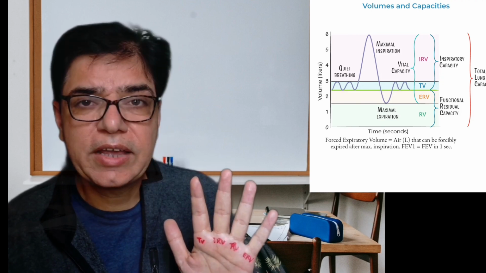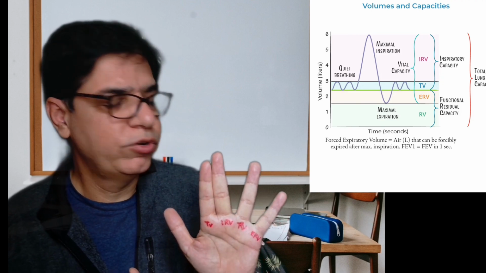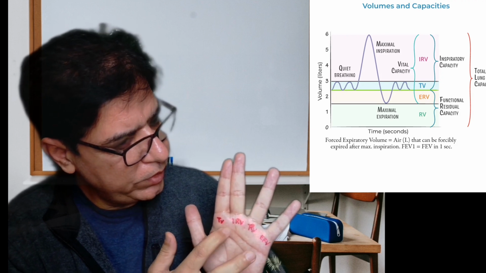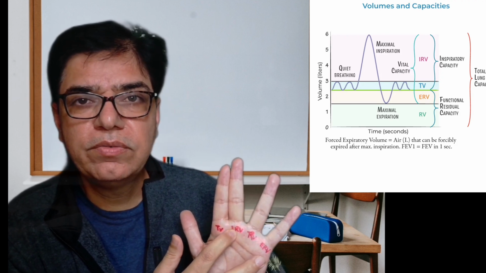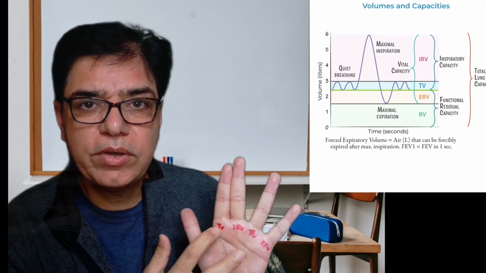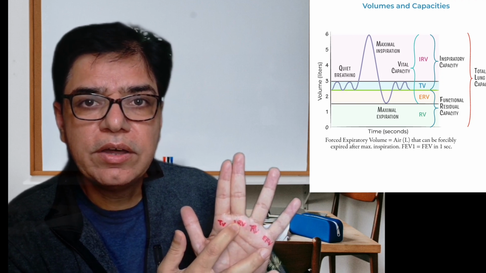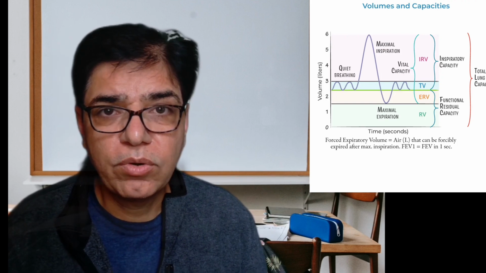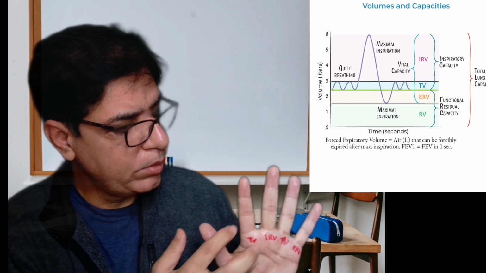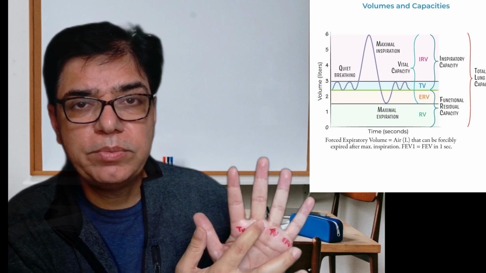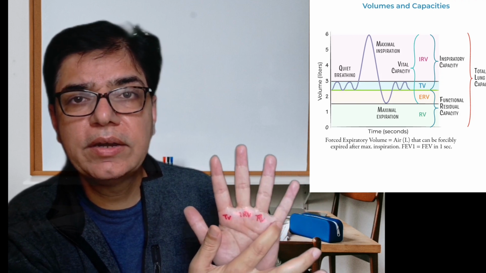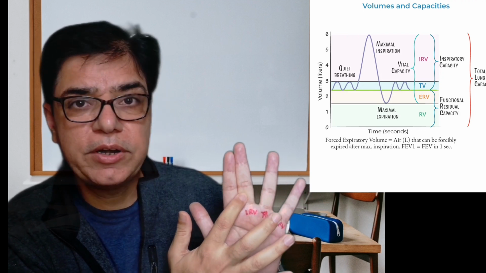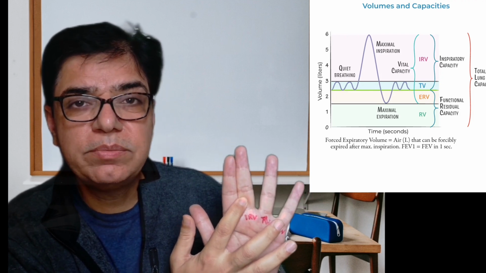Now with this we can calculate the capacities. If I join these two fingers together, I am joining the tidal volume with the inspiratory reserve volume. If you combine the tidal volume with the inspiratory reserve volume, we call it the inspiratory capacity.